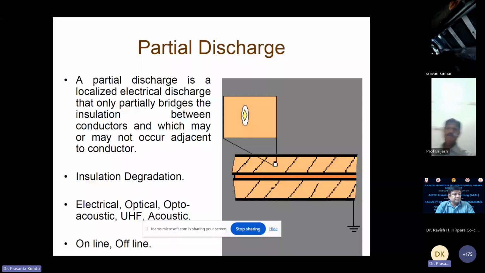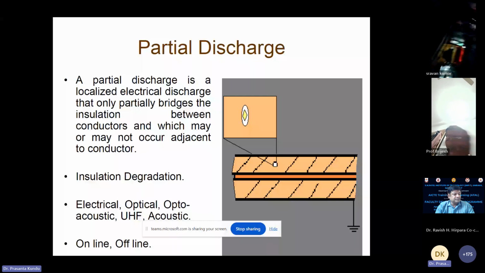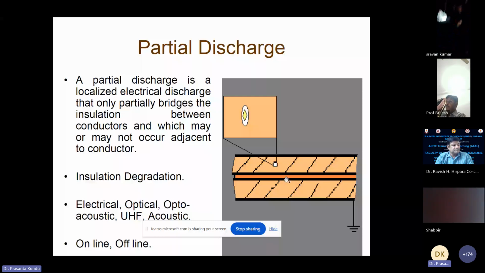But if one electrode has started the discharge but it has not reached the other electrode, then it is partial. Here, electrode means, in machines or electrical devices, one is the high voltage conductor and another is the grounded part, and in between there is insulation. If there is a breakdown of the insulation, then it will reach from the high voltage conductor to the ground.